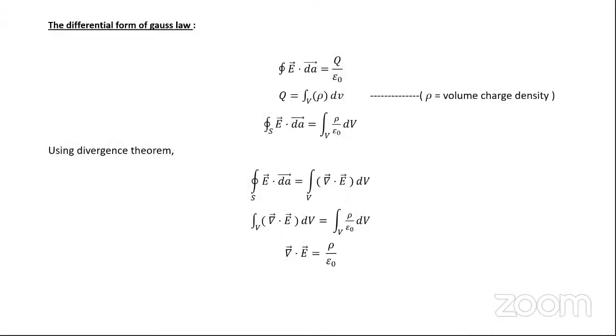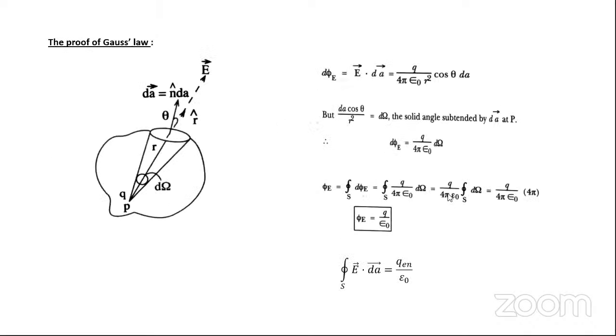I have chosen the area dA there. Therefore, the flux through dA will be equal to E dot dA, because E is the flux through unit area, multiplied by dA. If you substitute there, Q divided by 4 pi epsilon 0 R square dot dA. The dot product of E and dA gives cos of theta. So it is Q divided by 4 pi epsilon 0 R square, cos theta into dA.